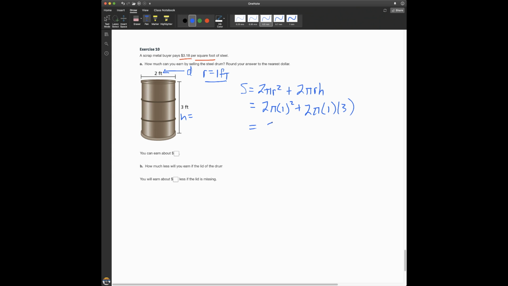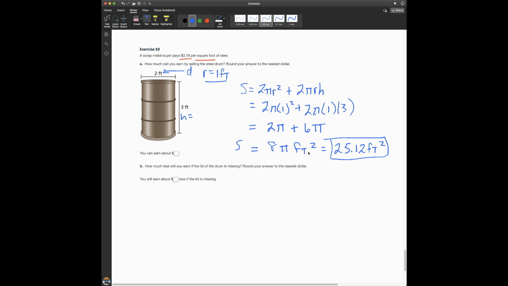And this is just 2 pi plus 6 pi, which equals 8 pi feet squared. And in this case, I want to multiply 8 times 3.14, and that's 25.12 square feet. So that's how much surface area I have.